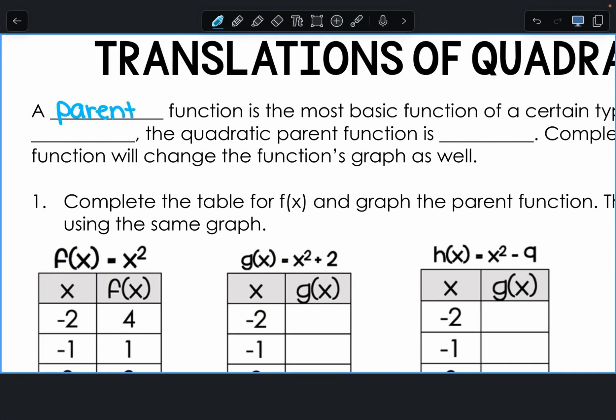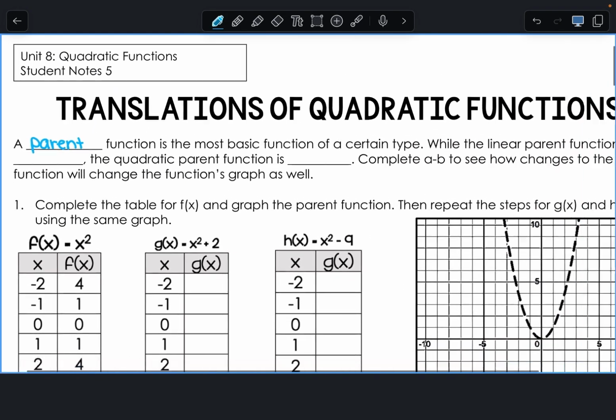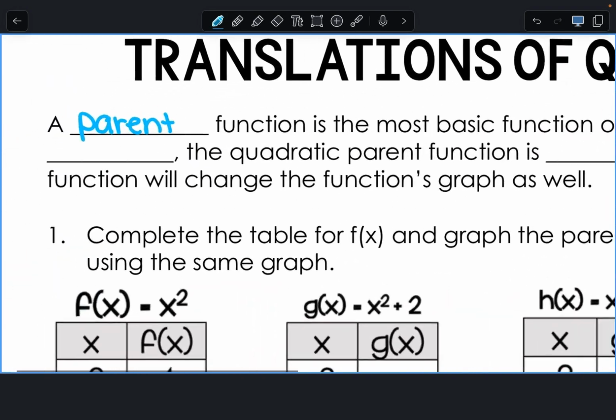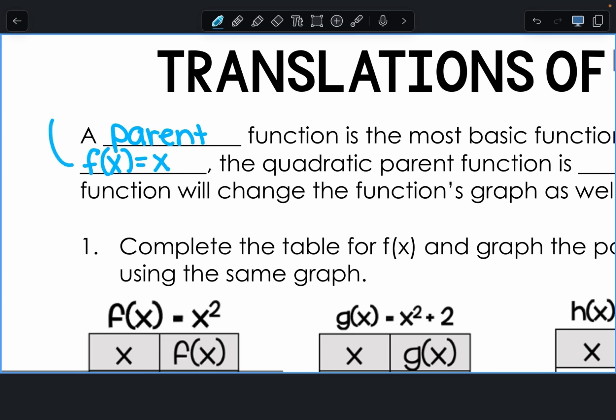It is the most basic function of a certain type. The linear parent function is f of x equals x, or you can think of it as y equals x, because the slope is 1 and the y-intercept is 0.